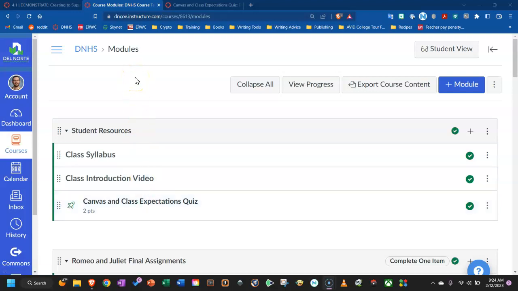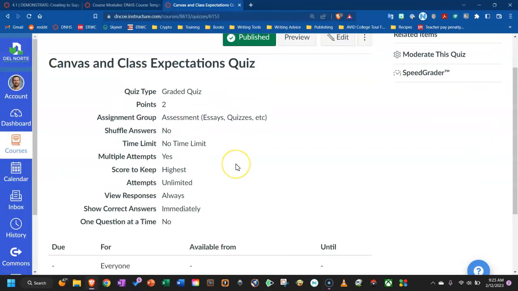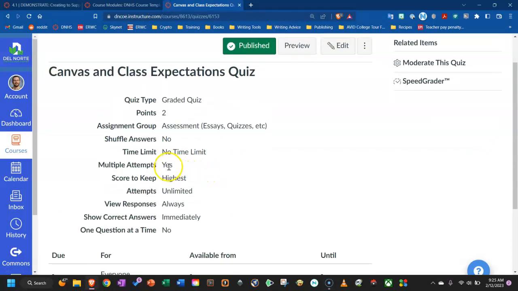And so I think it would be really valuable to have a quiz that has no time limit, allows an unlimited number of attempts, and is an assignment required at the beginning of the school year, but then also required for anybody that transfers in. This would be formative in nature, right?